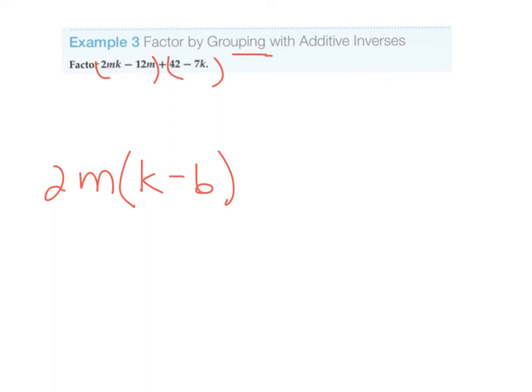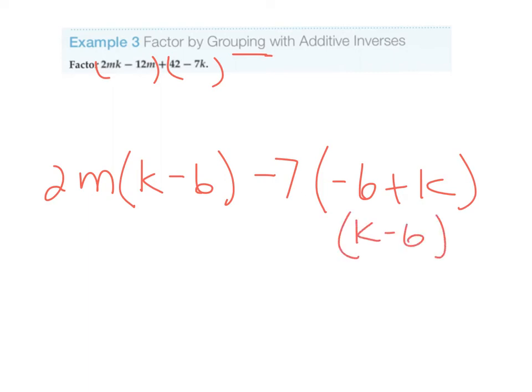Here's the trick. See how I have a negative k, or negative 7k? So I'm going to take out the negative 7 instead of the positive, and that gives me a negative 6 plus k. And we can change the order and make it k minus 6. And the reason we want to do that is, remember, we want the parentheses to be exactly the same.